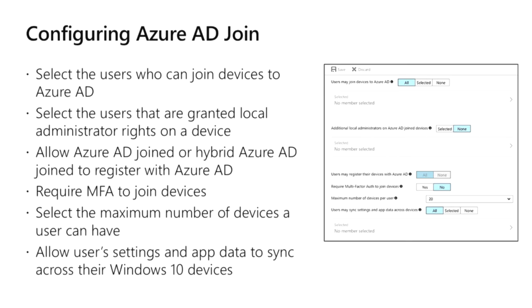Another option to configure is require multi-factor authentication to join devices. So you can choose whether users are required to provide a second authentication factor to join their devices to Azure AD. The default is no, so Microsoft recommends requiring multi-factor authentication when registering a device.